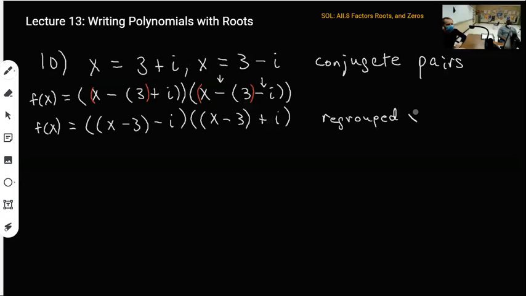I regrouped x with a, where z equals a plus bi. I took a, which is the real number, the 3, and put it with the x, so that now the a isn't with the bi anymore. That's going to be necessary for the next step.